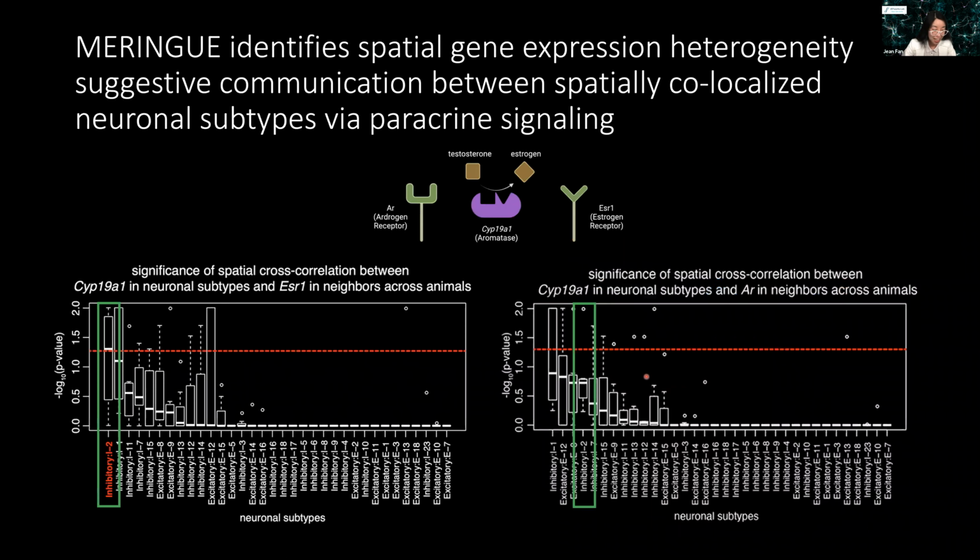So having this particular statistic available, now we can apply it to our MPOA data.